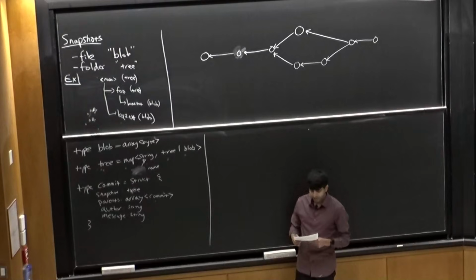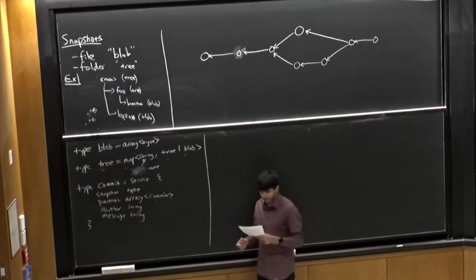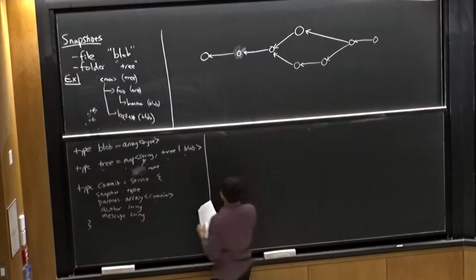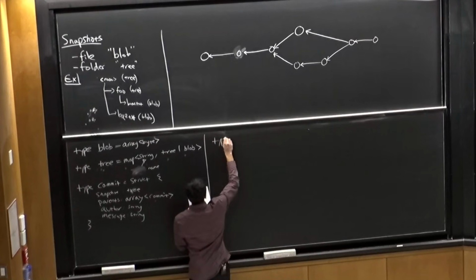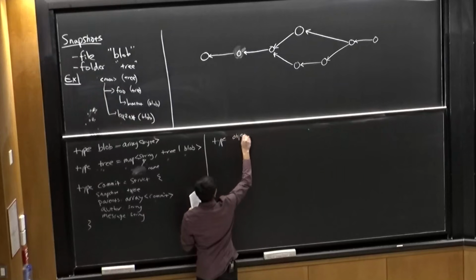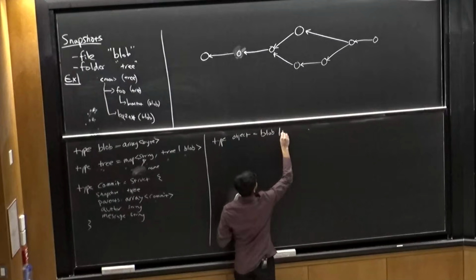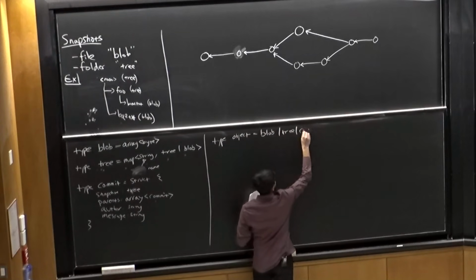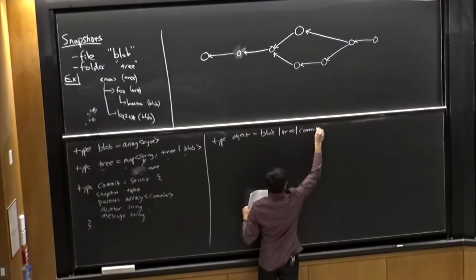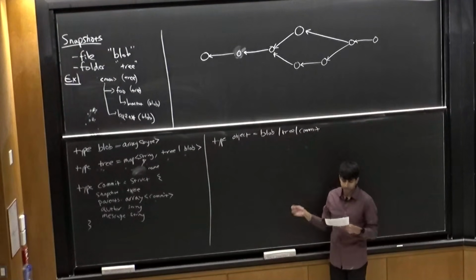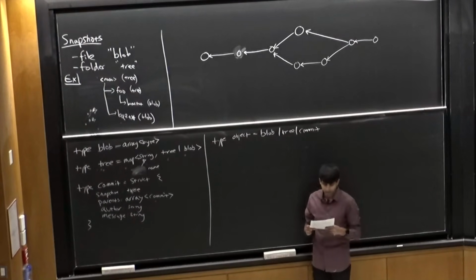In terms of pseudocode level abstraction, Git introduces a notion of something called an object, which unifies blobs, trees, and commits. So object is a blob or a tree or a commit. So now we can refer to all of these different types of things in the kind of unified language.